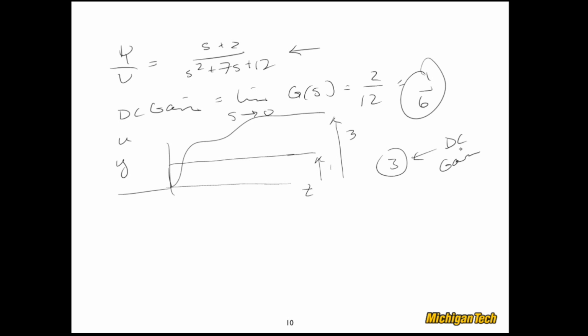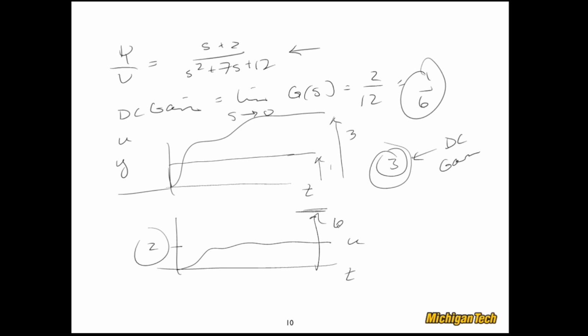Now what this also means, though, is that if I were to hit the system with a different type of input, not necessarily a step, but one that ended up being that same value, let's say 2 in steady state. So this is u and this is 2. What this tells us is that in steady state, my output is going to be 3 times 2, or 6.